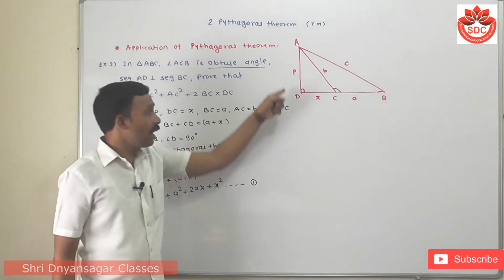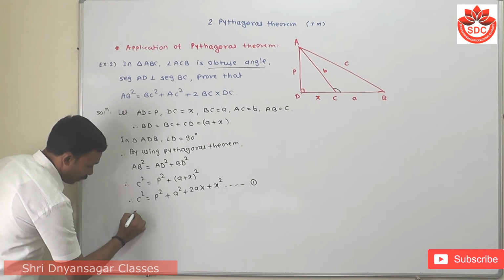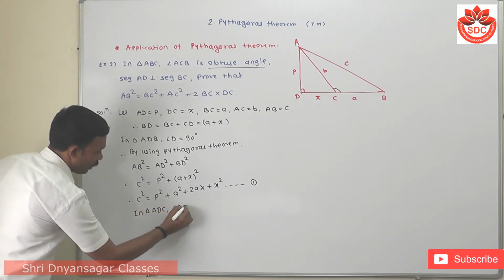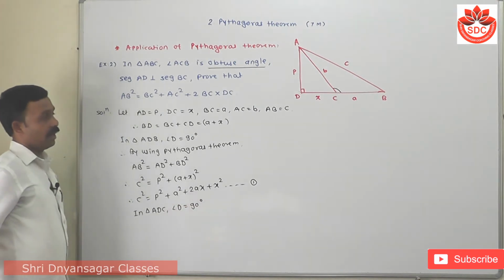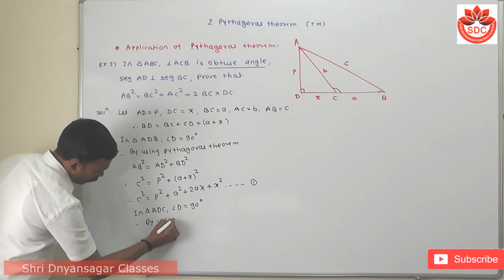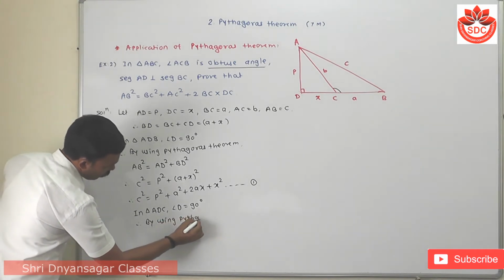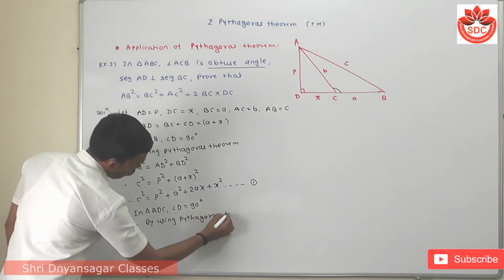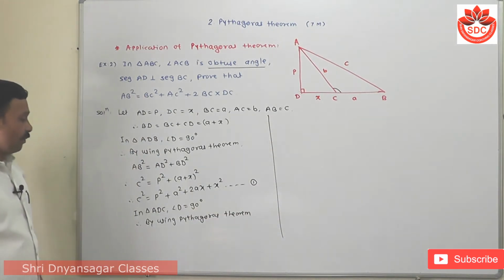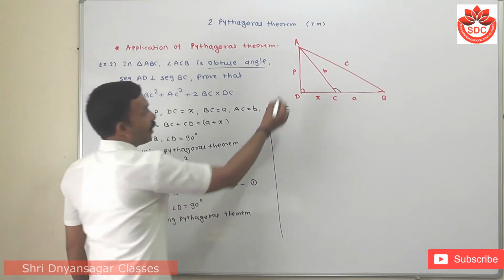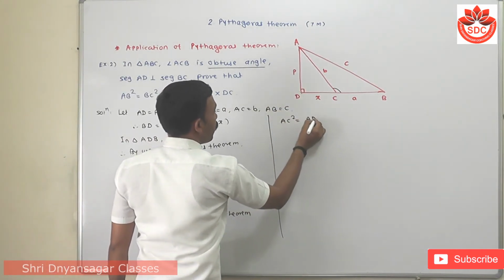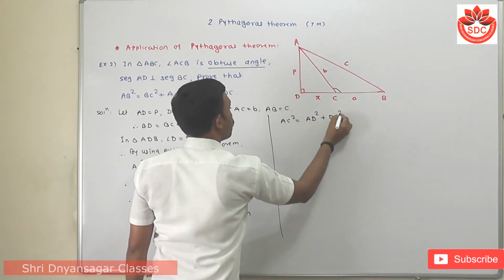Then we take another right angle triangle. In triangle ADC, angle D is also 90 degrees. So by using Pythagoras theorem again, for triangle ADC, AC square is equal to AD square plus DC square.